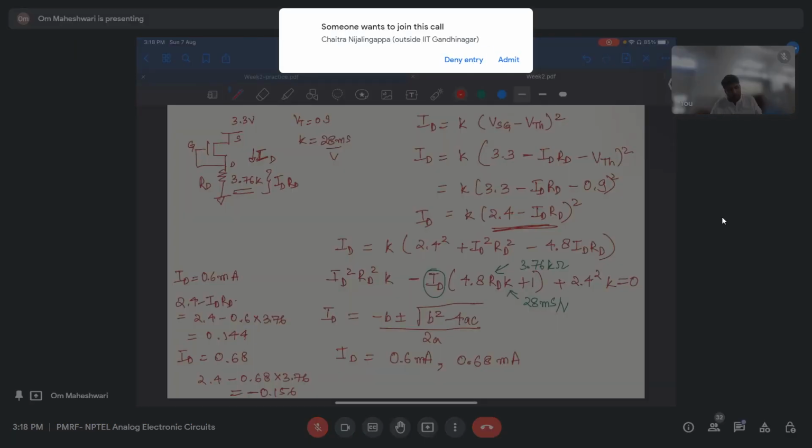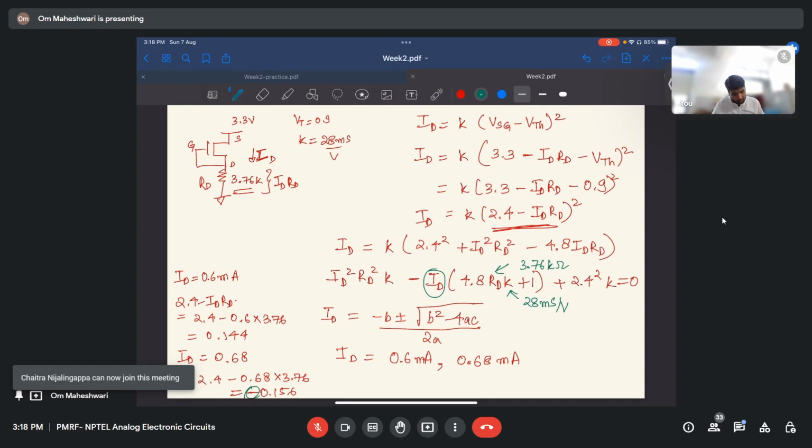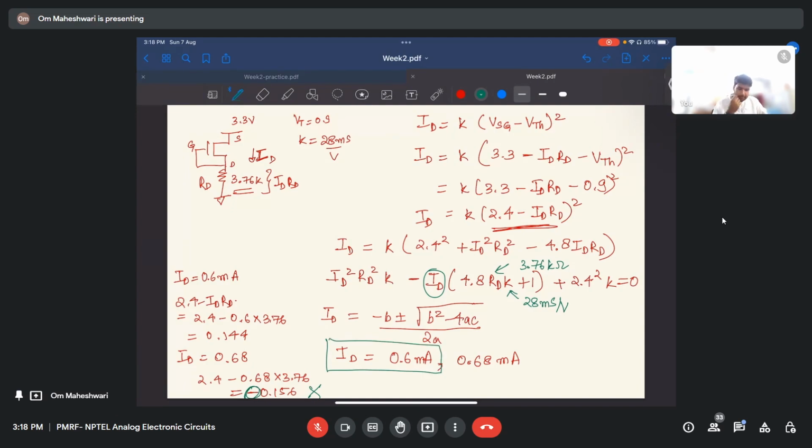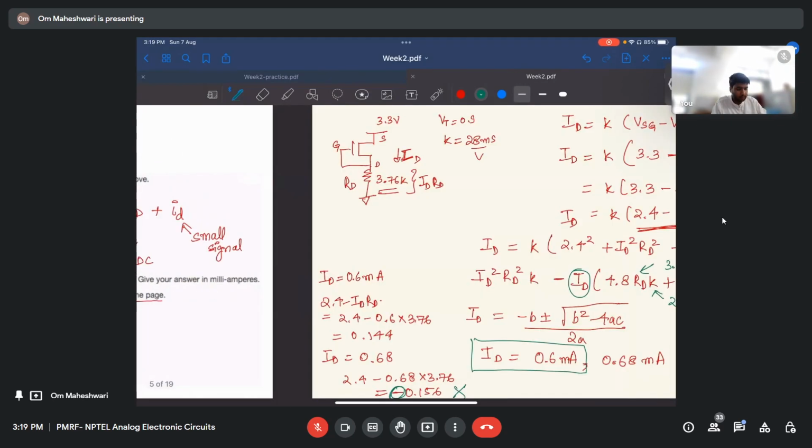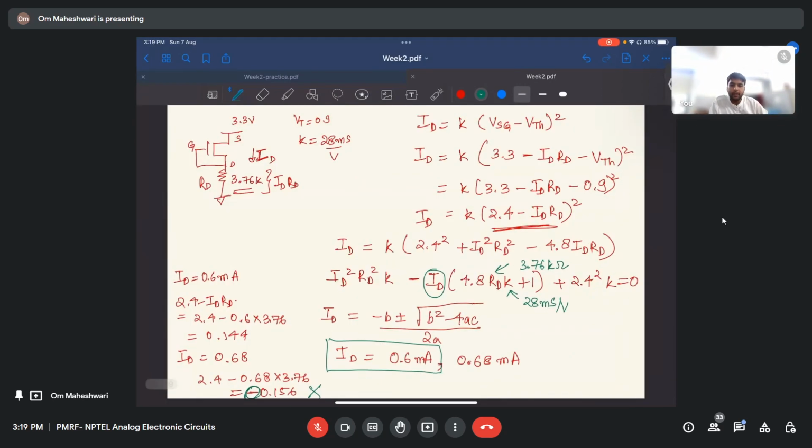Since this negative value is not accepted, we will have only the answer ID equal to 0.6 milliamps. And yes, we have it as the answer. Any doubts in this question?